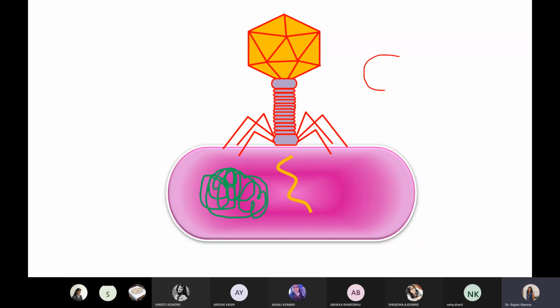What we have seen in our vector is that our desired gene has been inserted inside it. Just like that, here also the bacteriophage genome will be integrated with the genome of the bacterium, and along with the replication of the bacteria, the genome of the virus will also replicate, and from there all the proteins required for replication of the bacteriophage will be made.